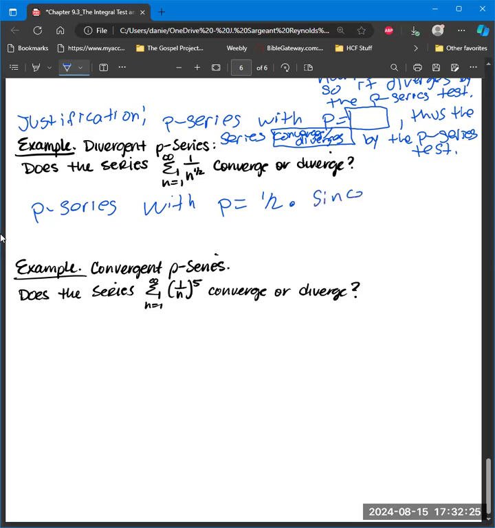Since 1/2 is less than or equal to 1, this P series diverges by the P series test.